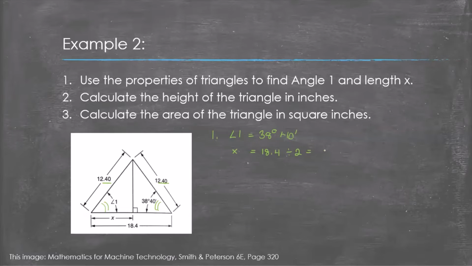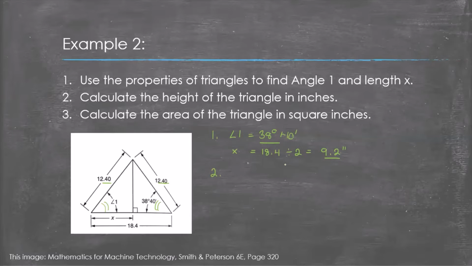And that's going to give us 9.2 inches. You could keep an extra decimal if you want. This 18.4 only has one decimal place. So here I would argue you could keep one decimal or 2. You don't need to be more precise than the question. So that's our angle 1, and that's our measure for x.